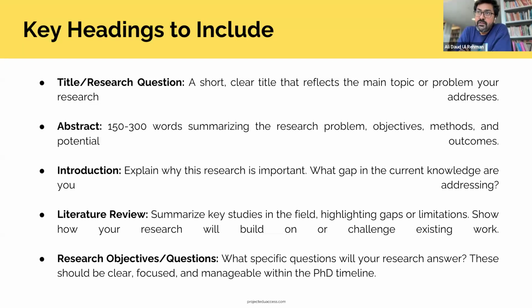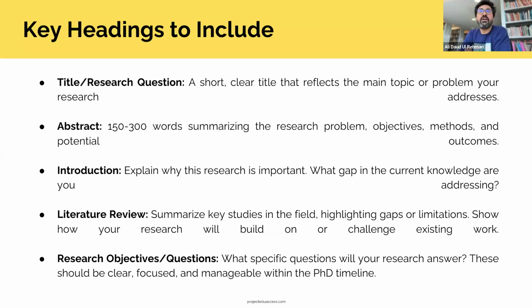The second part of your research proposal is your abstract, which I think should be between 150 to 300 words. Ideally it should be under 200 words. And I think the abstract can be really important because it summarizes your proposal. It includes your research problems, objectives, methods, and potential outcome.